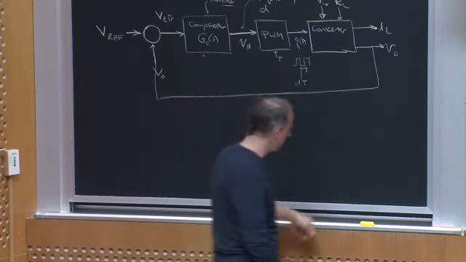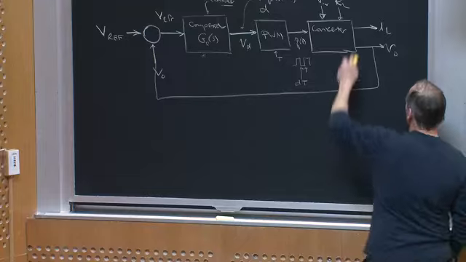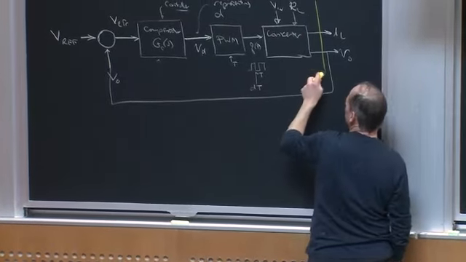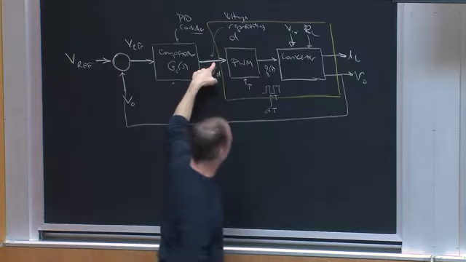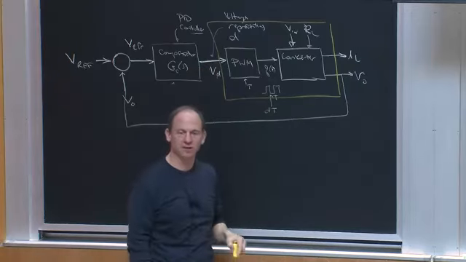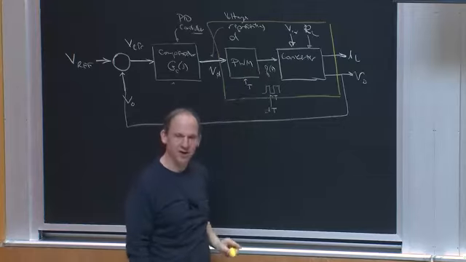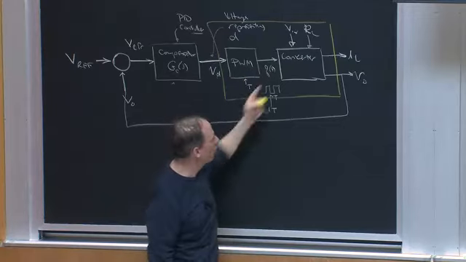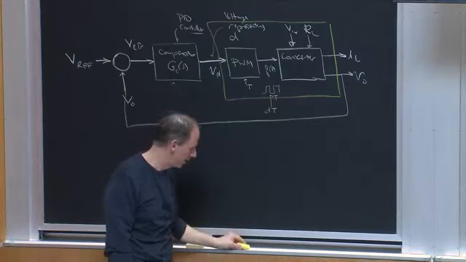What we need to know in order to make this work is some model that says, as I'm changing my duty ratio or something else like the load resistor, how does this dynamically vary? If I know that, then I can design a control loop for the thing.